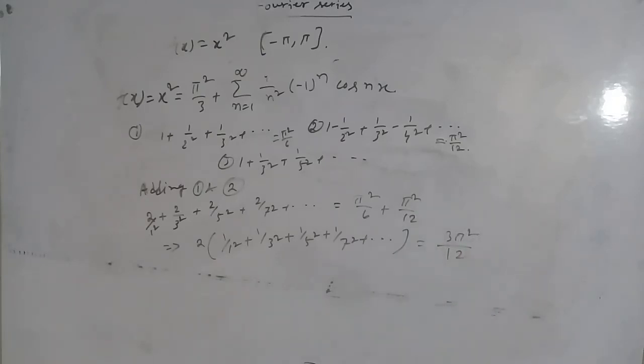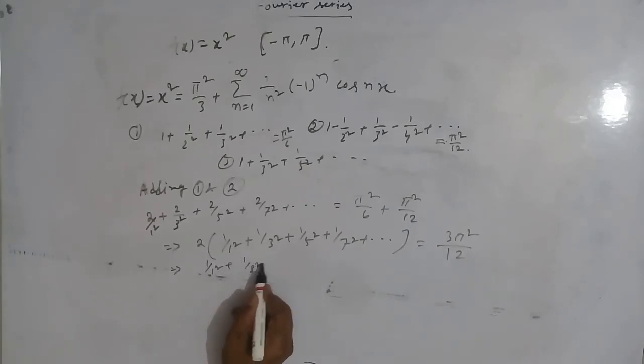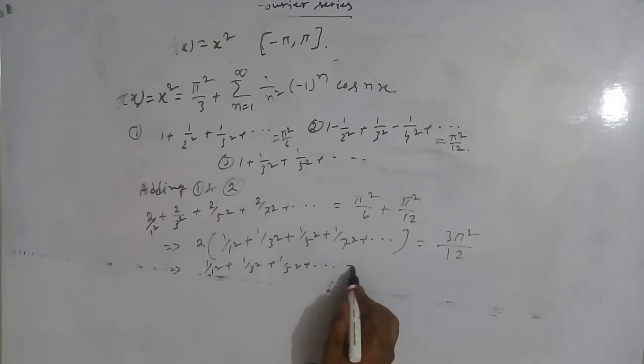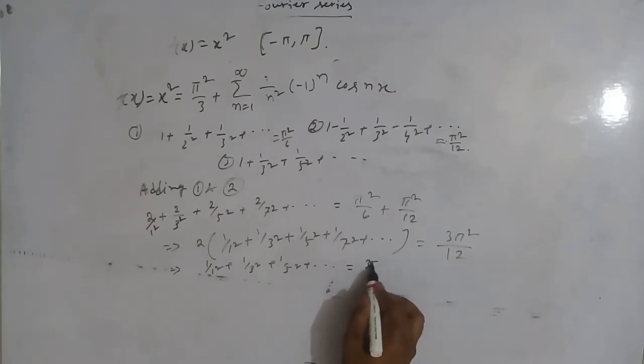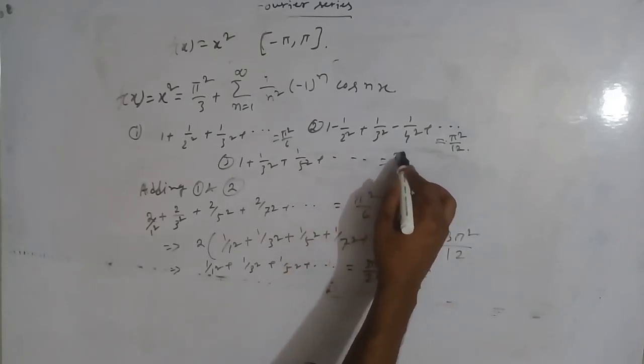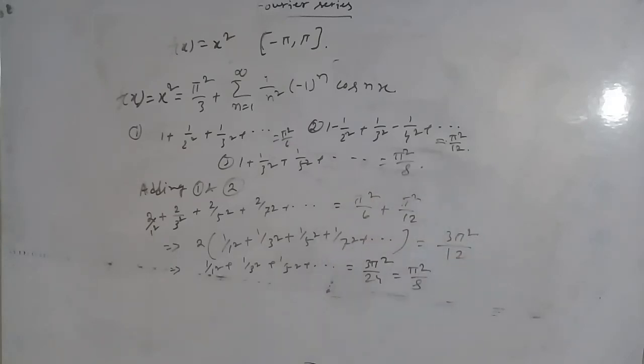Now you can see that series number 3 has been obtained. So 1 by 1 square plus 1 by 3 square plus 1 by 5 square plus up to infinity is 3 pi square by 24, that is pi square by 8. So the value of series number 3 is pi square by 8.